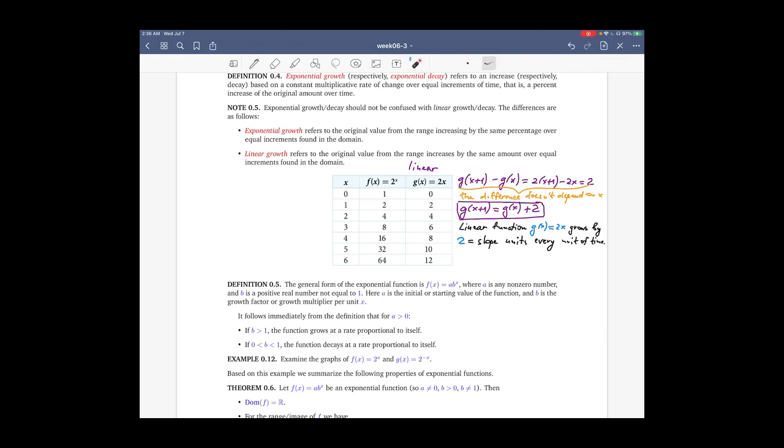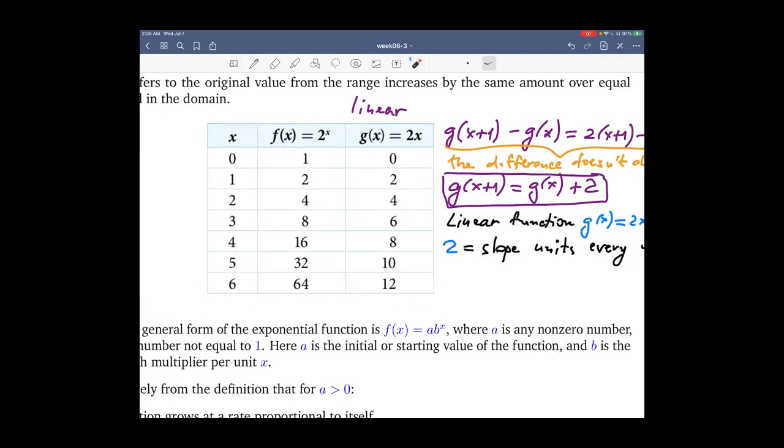And indeed, we can see that in the values of g in the table. Within 1 hour, we grow by 2. Within the next hour, we again grow by 2. Within the next hour, we again grow by 2, and so on. Within every hour, we grow by 2 units.